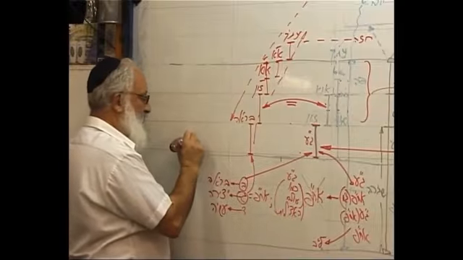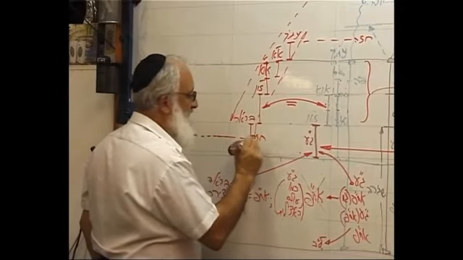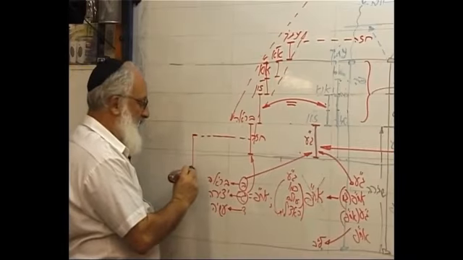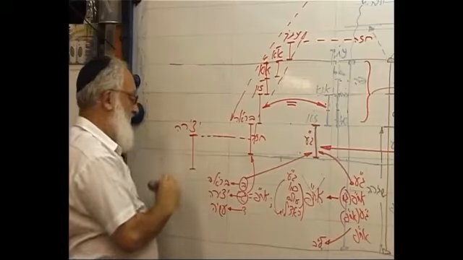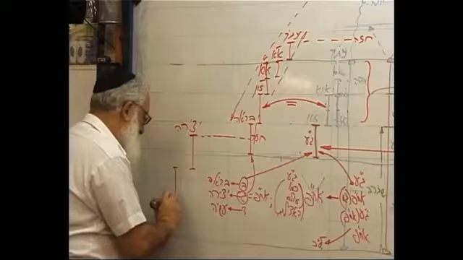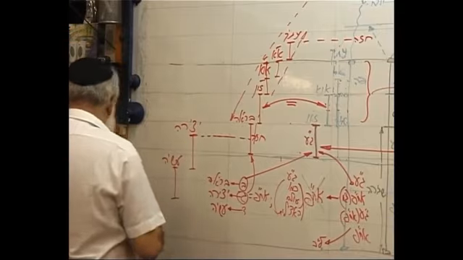To who? The world of Yetzirah. So it turns out that the world of Bria remains here, and the world of Yetzirah stands from the Chazeh of the world of Bria to below the Parsa. That's the world of Yetzirah. And then the same is done, and the world of Asiya is made.